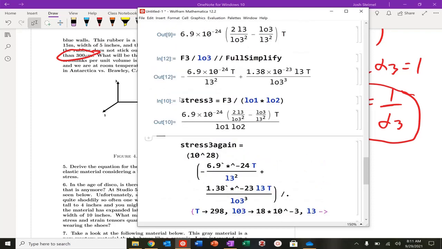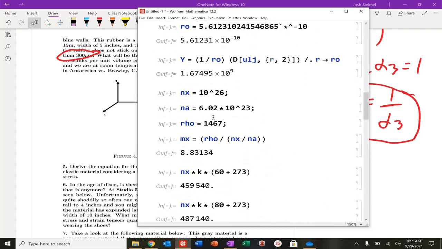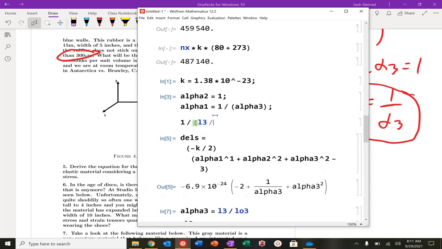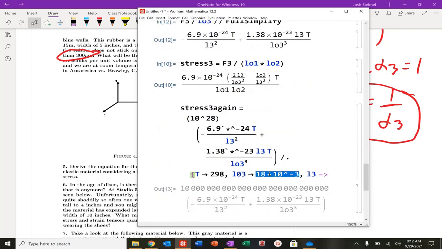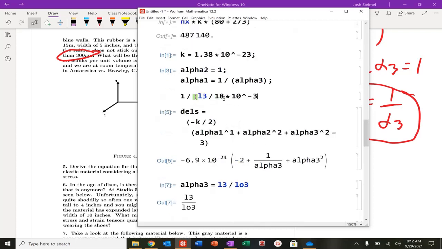How? Well, let's look back. We know that alpha 1 was equal to 1. Alpha 2 is equal to 1, and then my alpha 1 is equal to 1 over alpha 3. So I can solve 1 divided by L3 divided by L naught 3, where we'll just plug in L naught 3 right here, the 18 millimeters. And I know that my alpha 1 is the change.